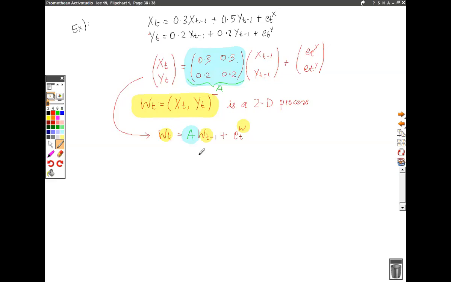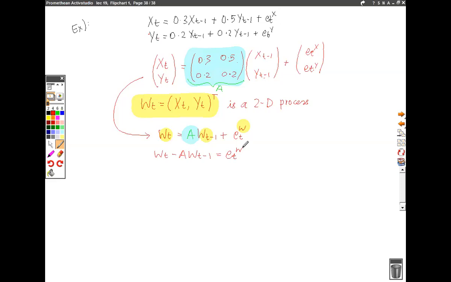But now you will have to figure out the eigenvalues. And if those eigenvalues are less than 1 in absolute terms, you will get that the process is stationary. But what will you figure out the eigenvalues of? So let us say I again rearrange these things. What I can write is Wt minus A Wt minus 1 equal to Et W.